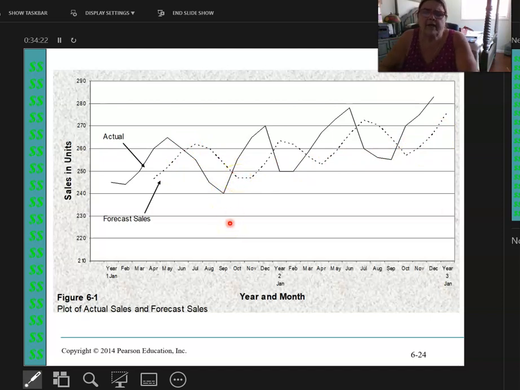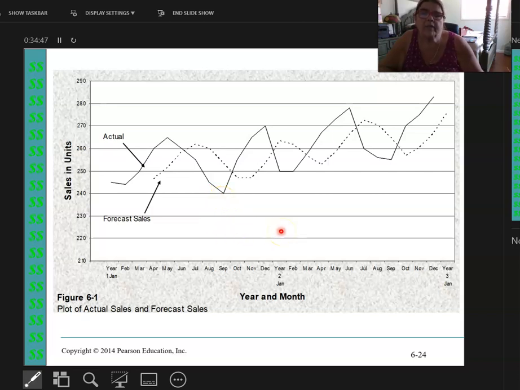Let me back up. When I'm talking about actual and forecast, I forecast first, which is the dotted line. I'm sorry, I don't know what you might call it. Yeah, the broken line. That's what I forecasted. Then I started tracking what actually happened. So if you notice, I never really forecasted as high as I went or as low as I went.